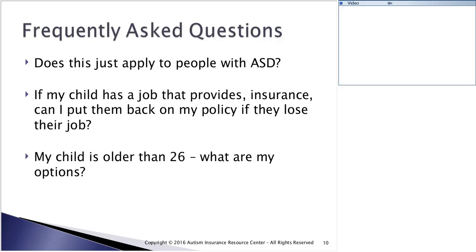So we get questions from families that say, I'm just hearing about this and my child is older than 26. What are my options? So I've mentioned this, and it's going to sound like a broken record, that you can't do this after 26, but employers can do a lot of things with their policies, and so it doesn't hurt to inquire, and we have seen situations where people have been able to do this, but there are no legal protections.